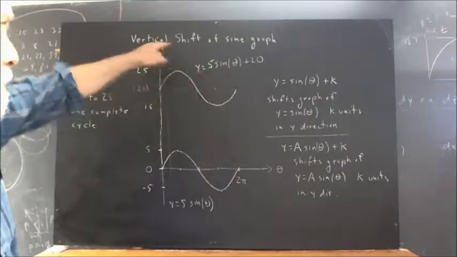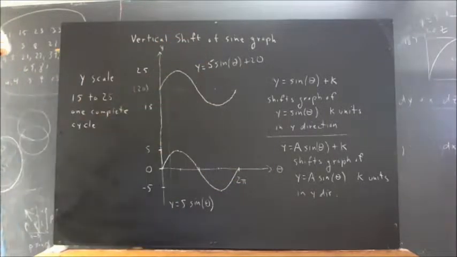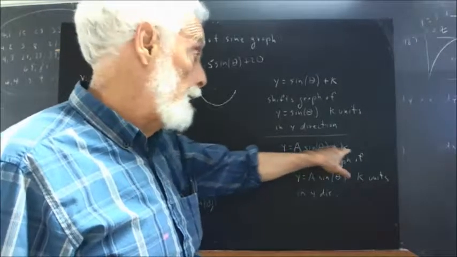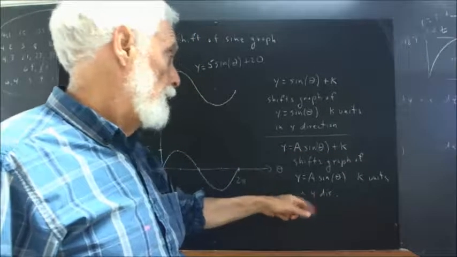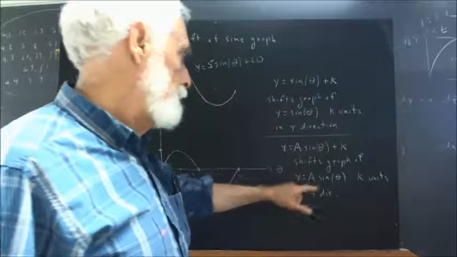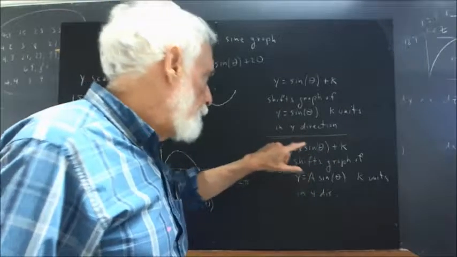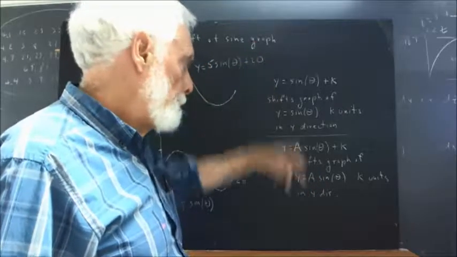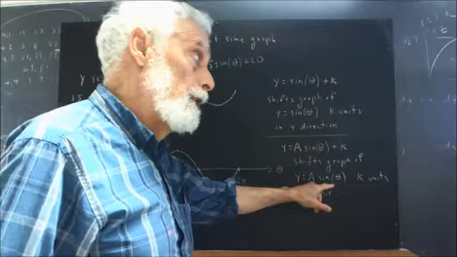Okay, so this is what we mean by the vertical shift of a sine graph. In general, if we have some multiple of the sine of theta and add k to it, the graph of this function will be k units vertically shifted relative to the graph of this function.